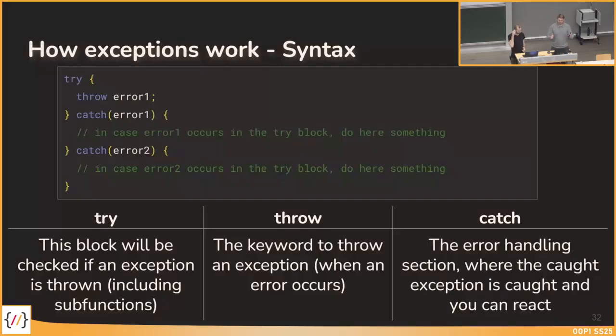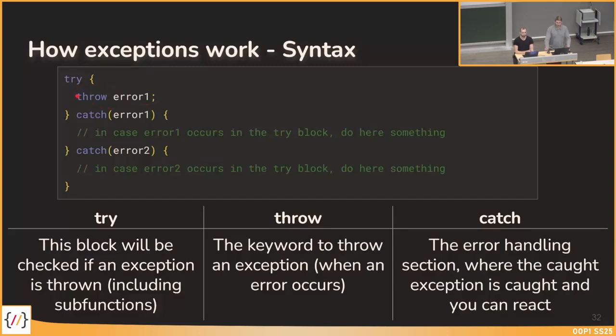Again, we have, let's say, 3 parts here. We have this try block here, which means that all the statements, all the code, all the functions that are called, so we can have multiple nested function calls here, all of this is checked if an exception is thrown, and only if this is inside of the try block.